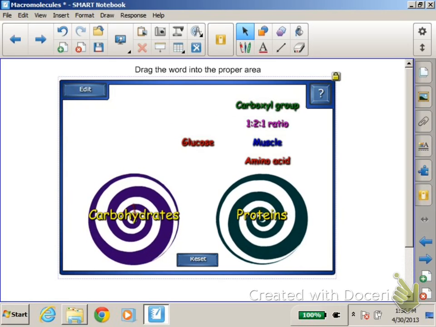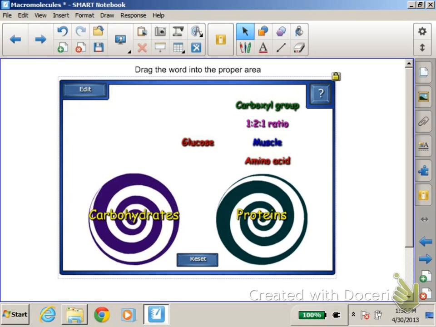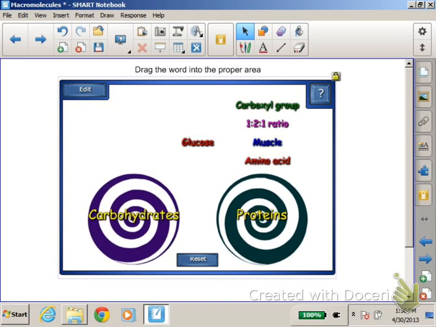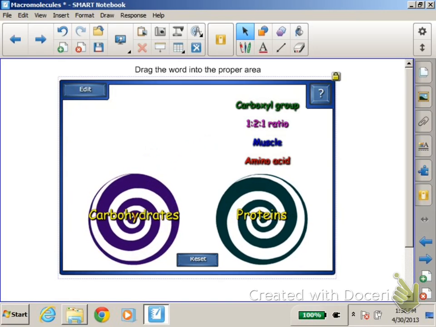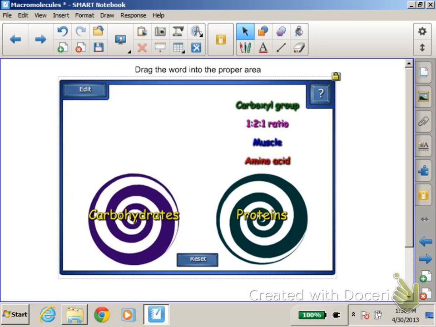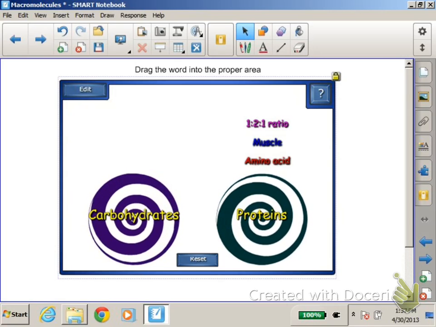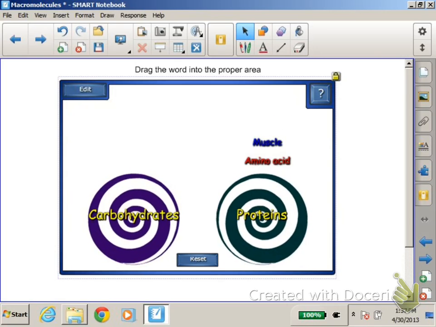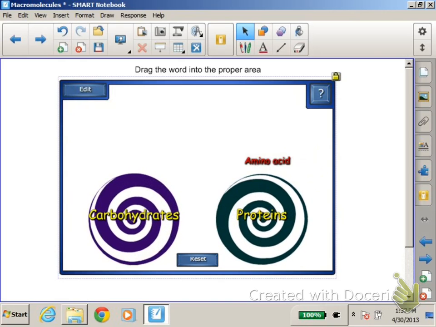Has to be carbohydrates, because think about it. Your carbohydrates are your sugars and starches, your grains, so you're talking about your wheat, your barley, your rye, things like that. Glucose would be carbohydrates because it is a sugar. Carboxyl group would be part of a protein. 1 to 2 to 1 ratio would be carbohydrates. Your muscle, of course, is proteins, and your amino acids are proteins.